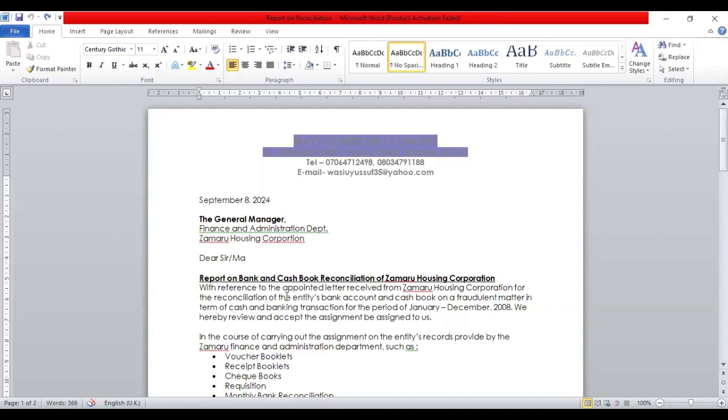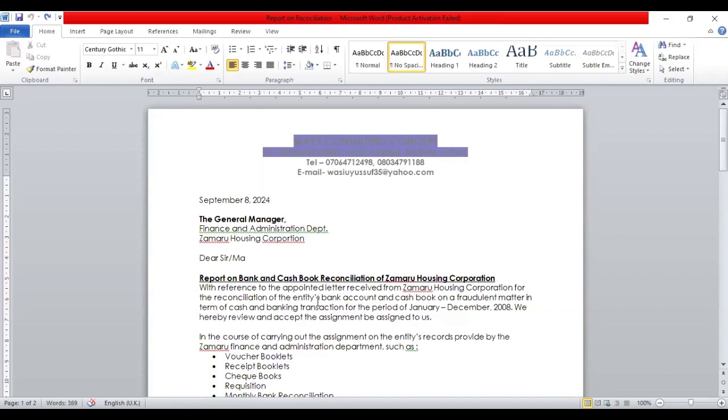With reference to the appointment letter received from Samaru Housing Corporation for the reconciliation of the entity's bank accounts and cash book on a fraudulent matter in terms of cash and bank transactions for the period of January to December 2008.